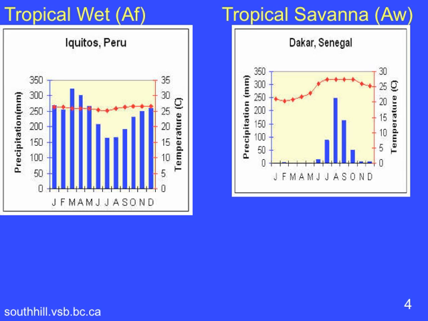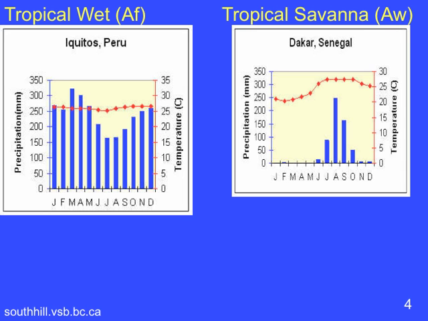Most of the year, it's very dry, with none or almost no precipitation. Another thing we can notice about this climograph in comparison with the one from Iquitos, Peru, is that there's a little more variation in the annual temperature range. Again, we're in the tropics, so it's not going to be very extreme. It's still going to be warm year round, but there definitely is a cooler time of the year and a hotter time of the year.